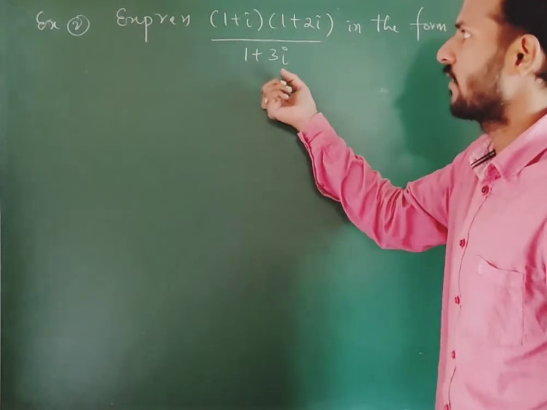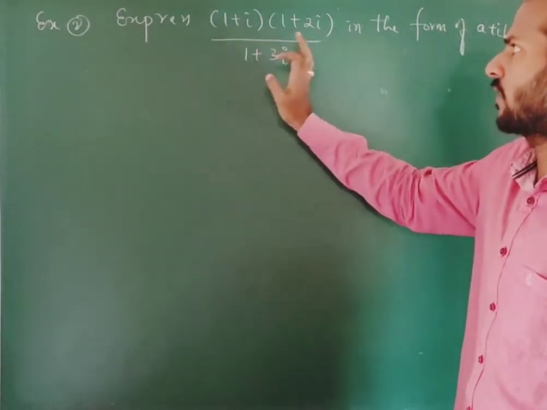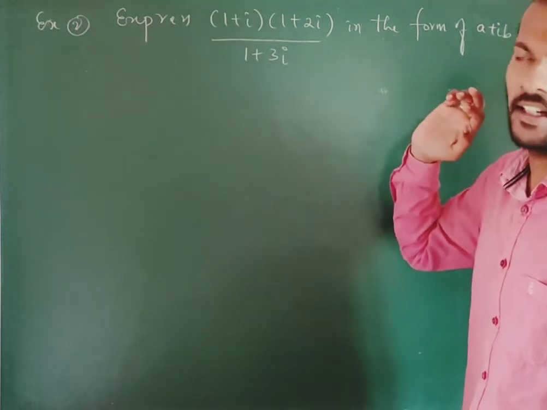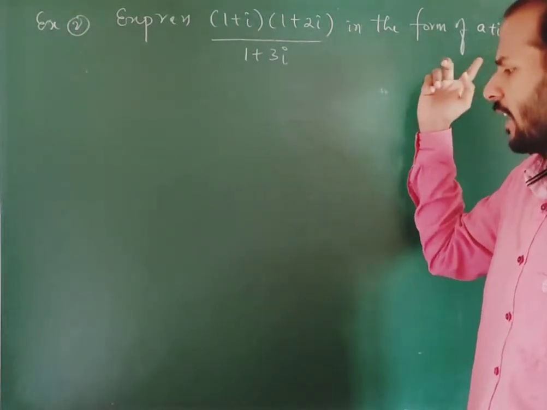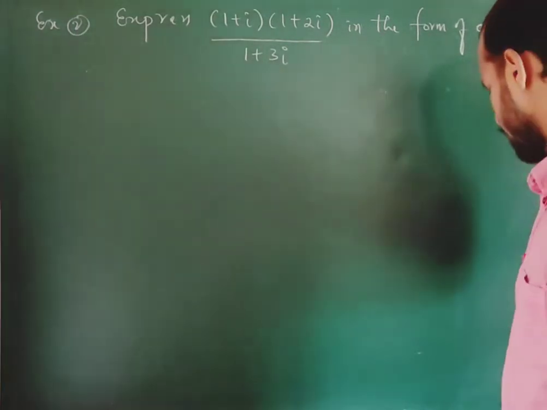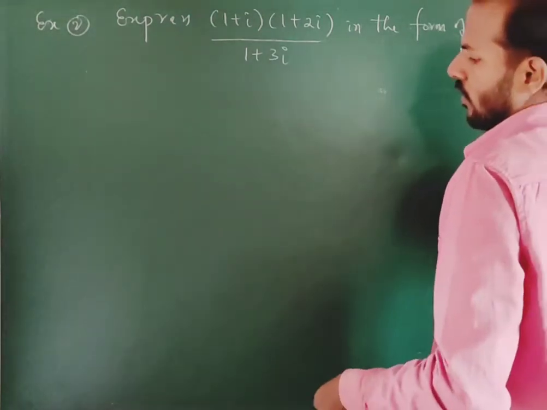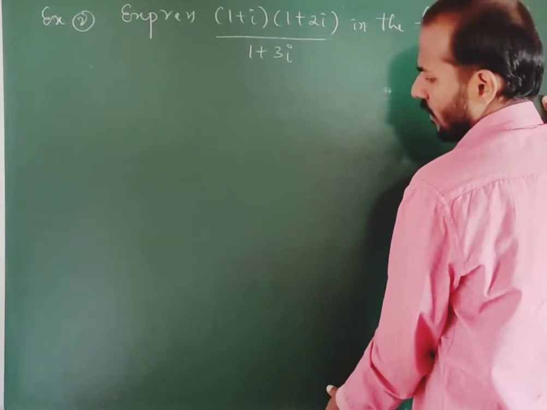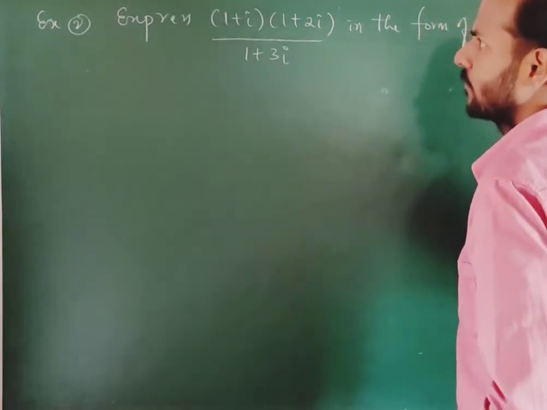Thus the question has been given: express 1 plus i into 1 plus 2i divided by 1 plus 3i in the form of a plus ib, right? We have to express it in the form of a plus ib.